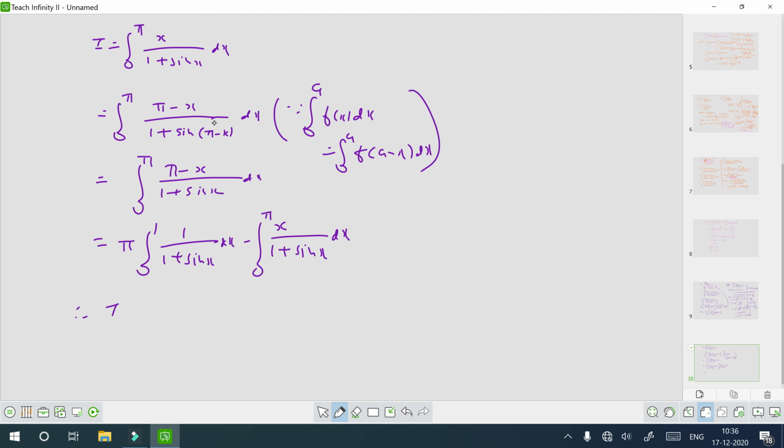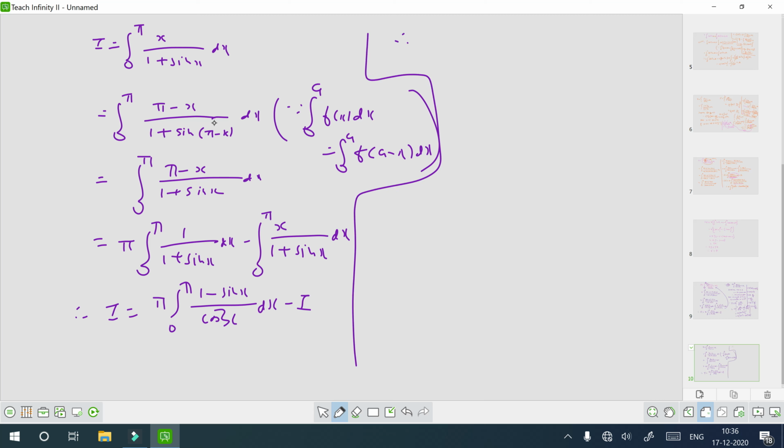I. So I is equal to pi integral 0 to pi 1 over 1 plus sine x. Rationalize, so 0 to pi 1 minus sine x over cos square x dx minus I. So 2I is equal to pi integral 0 to pi of sec square x minus sec x tan x dx.